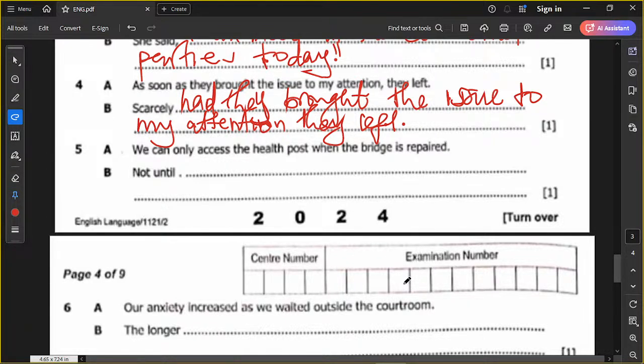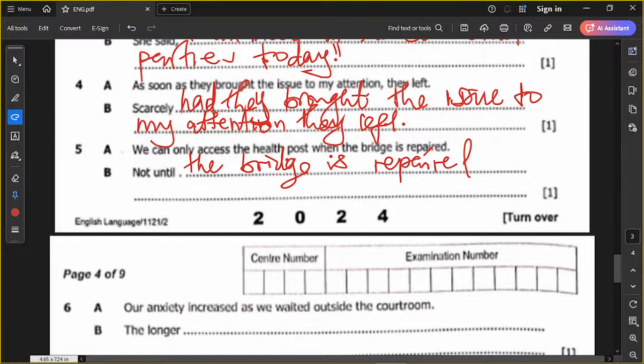Without repairing the bridge, no one can reach the health post. So when we start with not until, we can say not until the bridge is repaired.